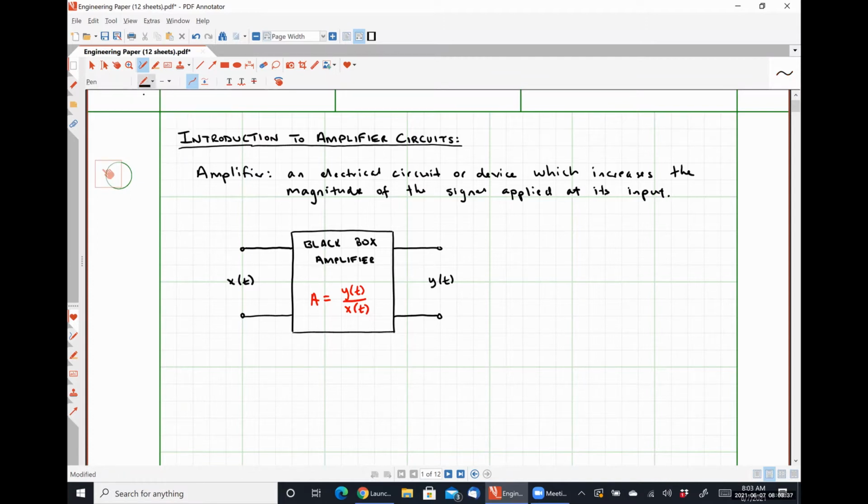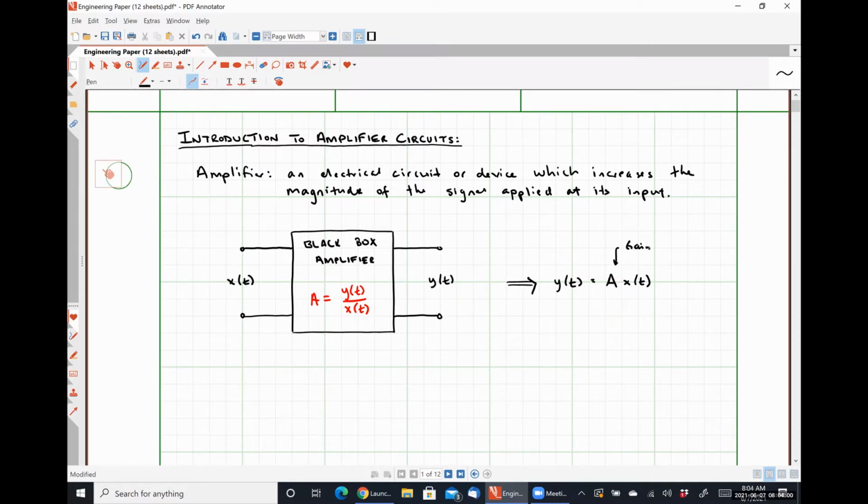So we can say, using this simplified model, that our output signal Y of t is simply A, the gain, multiplied by the input X of t.